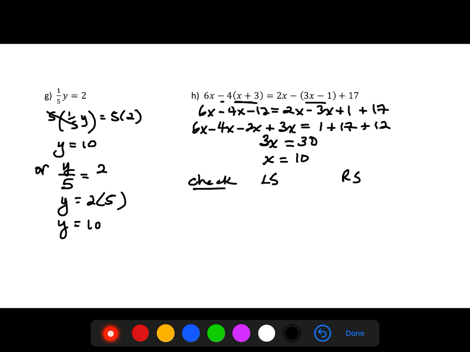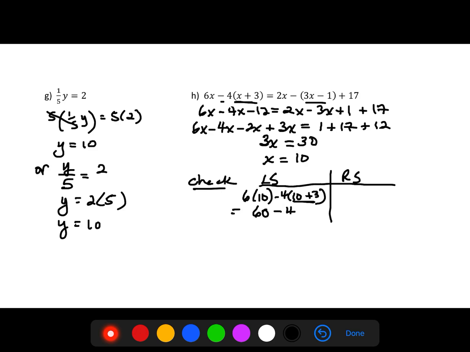Now, as I mentioned, we can check our solutions, and when we do this, we're doing our two sides separately because we want to prove that both sides are equal. We don't know that until we sub into our original expression. So on our left-hand side, we're going to have 6 times x, which we are pretty sure is 10, minus 4 times 10 plus 3.